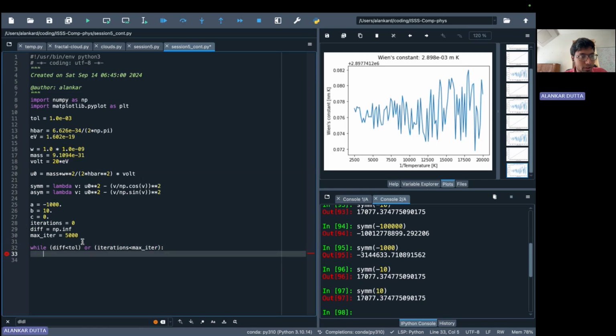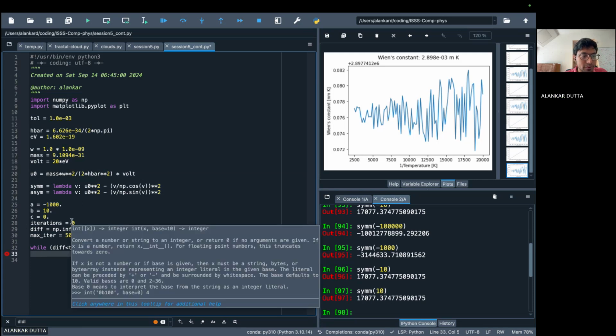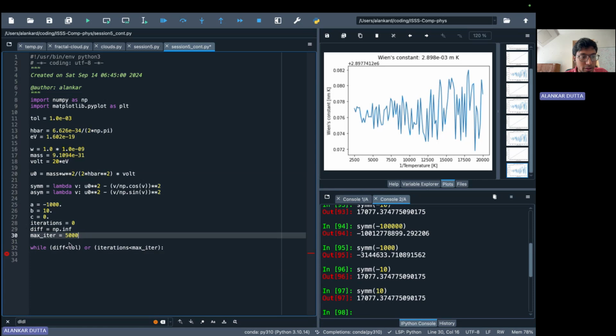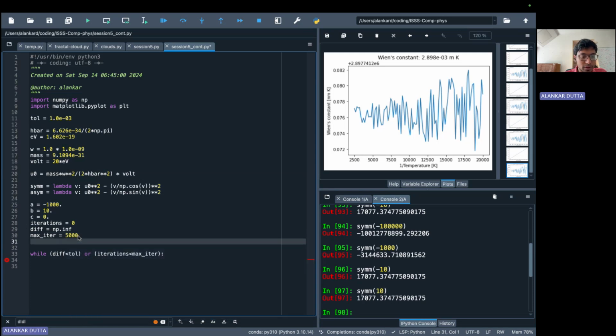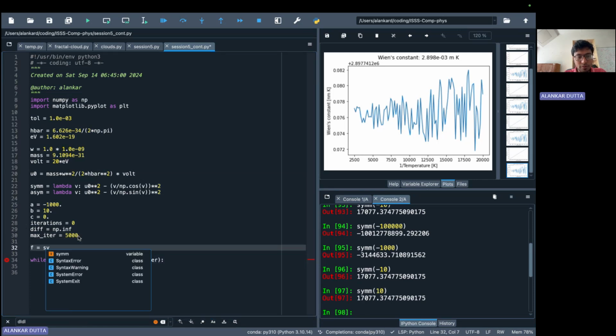And once we are in here, we try to find out the values of FA. And let's call this function F. F is equal to the symmetric function, right?